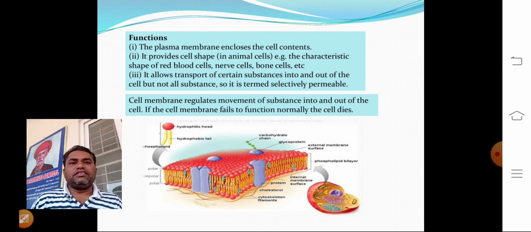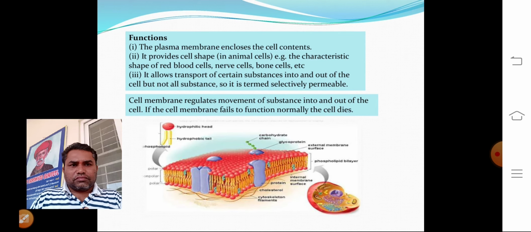The main function of the plasma membrane is that it encloses the cell contents, such as cytoplasm, nucleus and other cell organelles. The plasma membrane also provides cell shape, giving shape to the cell.